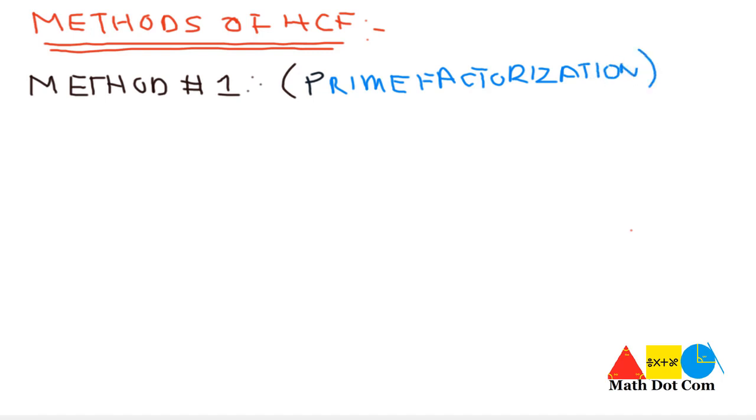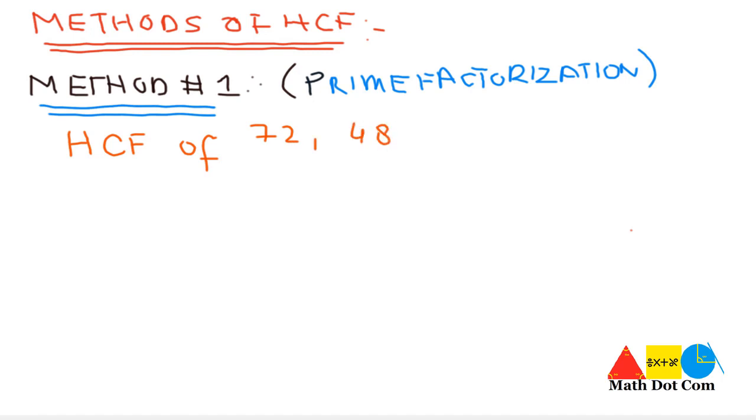In this method, we will understand the concept by means of an example. We have to find the HCF of 72 and 48.